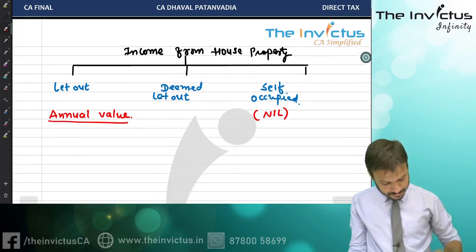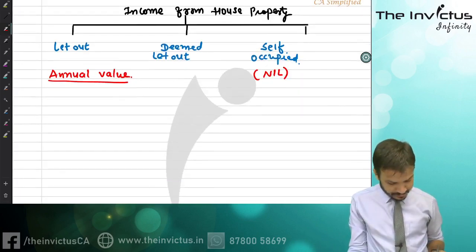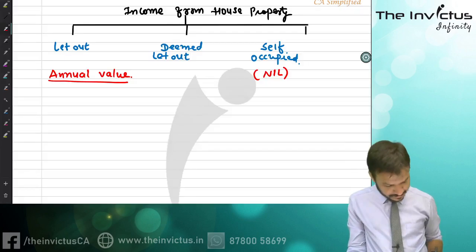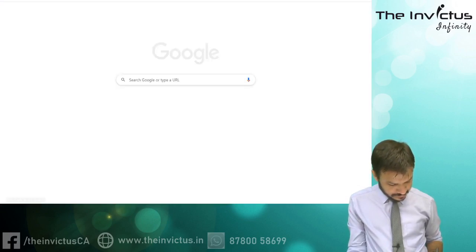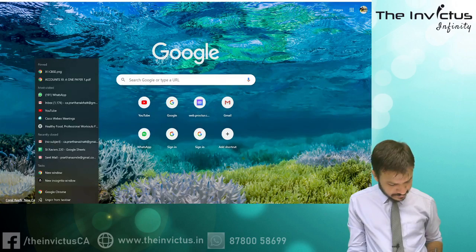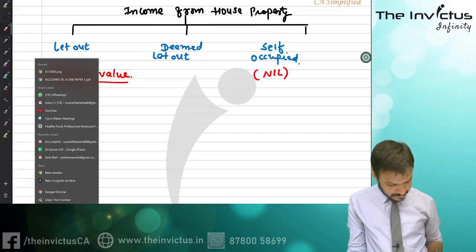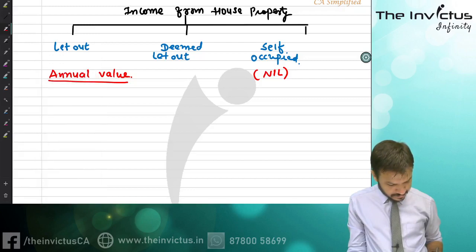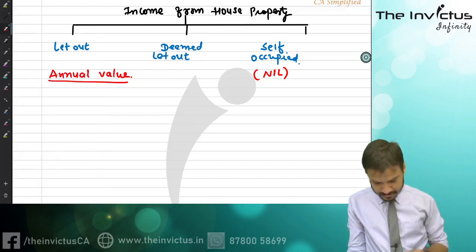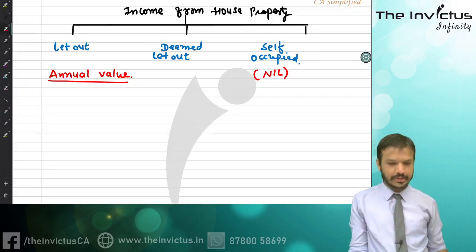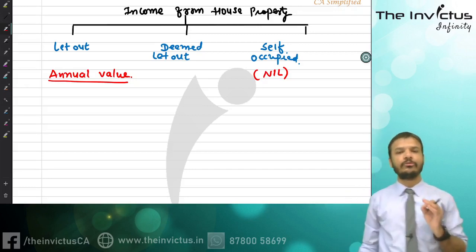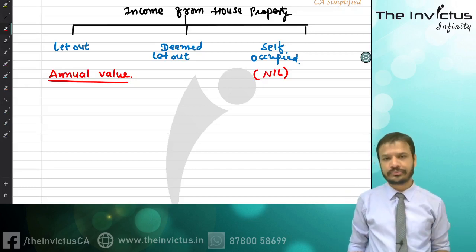Now, if I want to determine annual value, what things are required?